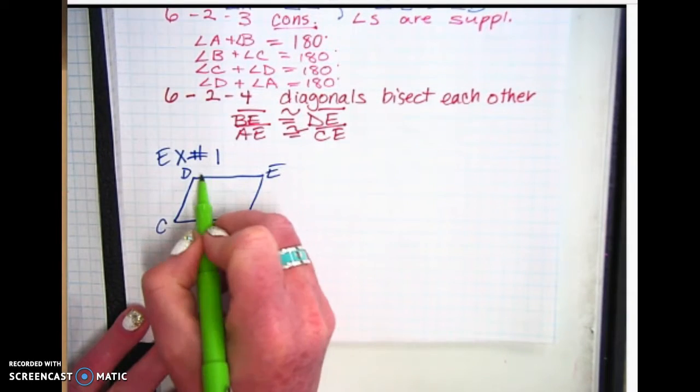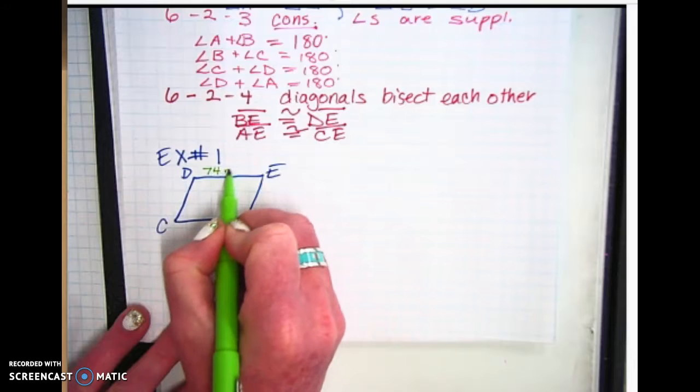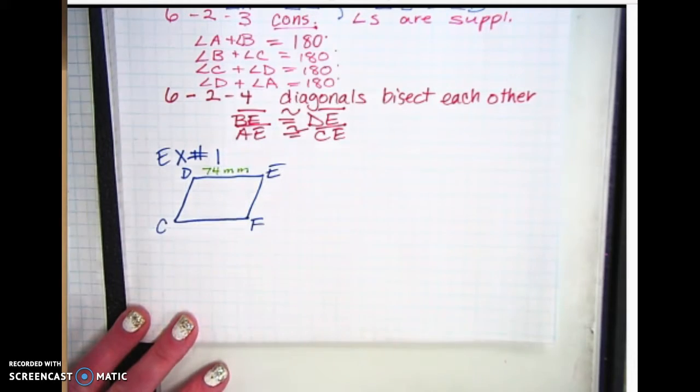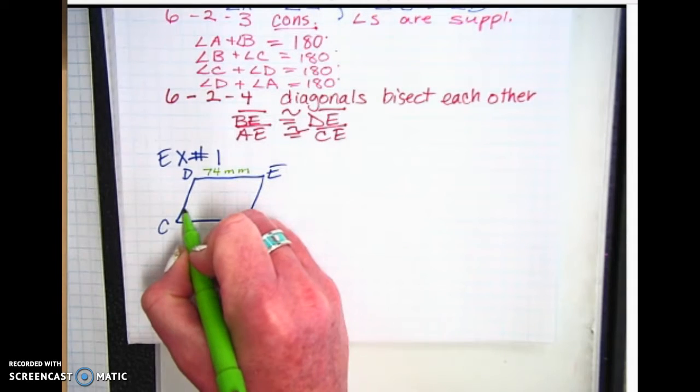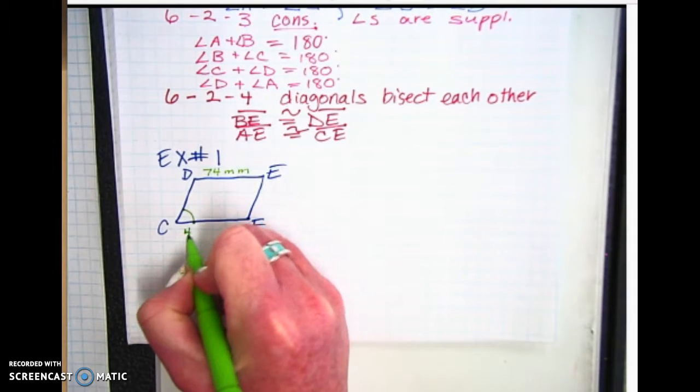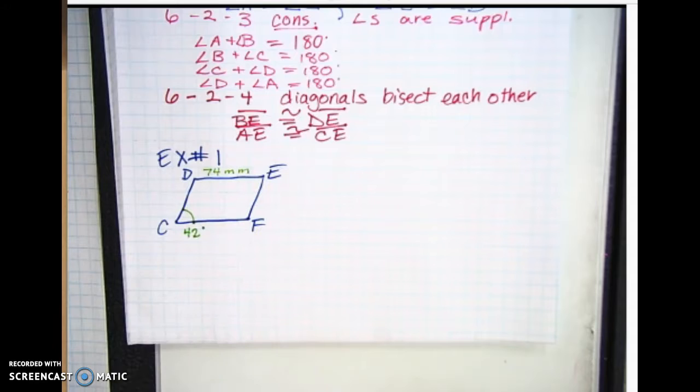Side DE is going to be 74 millimeters. Angle C over here is 42 degrees.